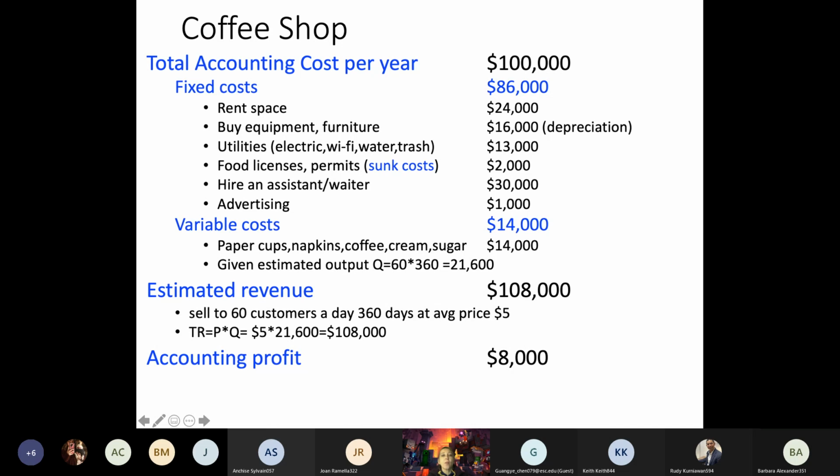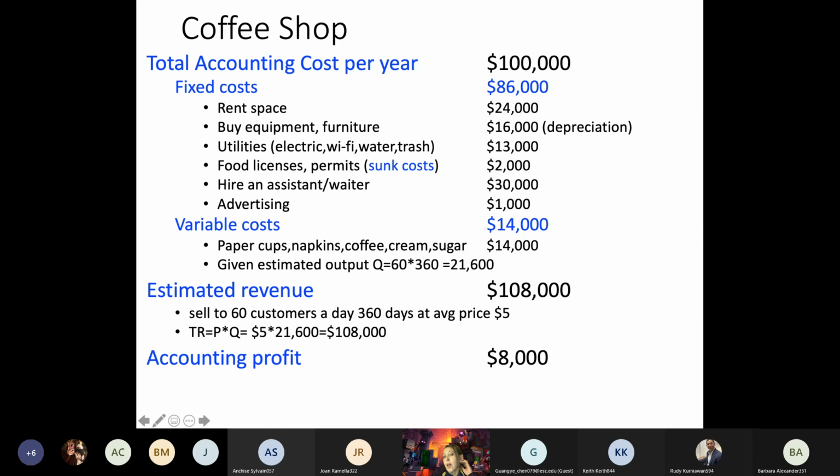So that depends on the number of coffee cups you're going to sell, but you are already estimating that realistically you will sell 360 days a year, and then every day about 60 people are going to buy coffee. So you're going to sell 60 cups of coffee because you're in a busy location, but not that busy. 60 realistic. So that adds up to 21,600 cups per year. That's your estimate of how many cups you're going to sell.